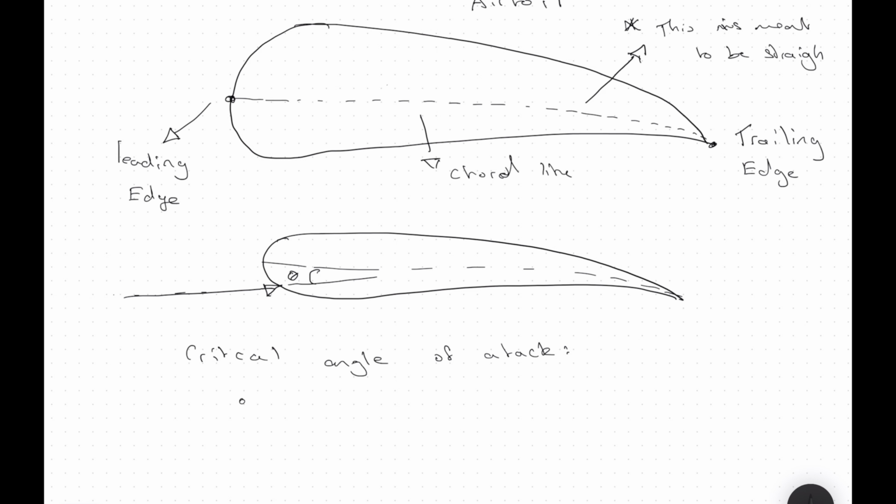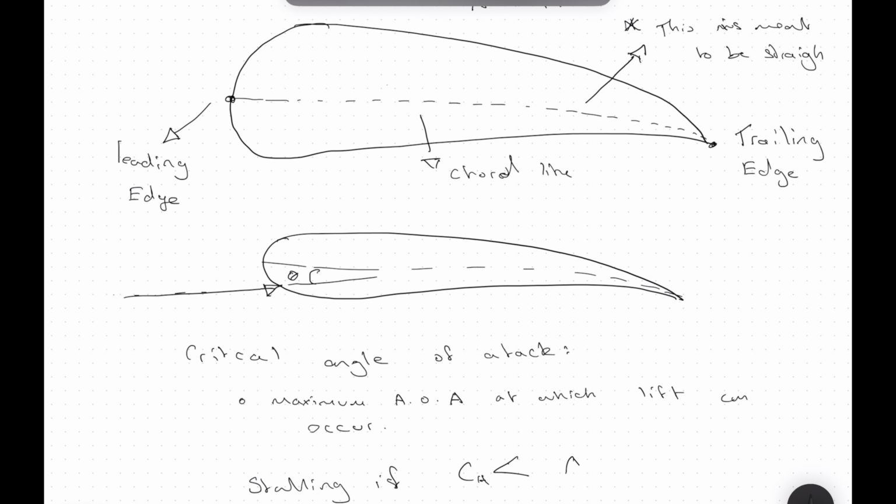The critical angle of attack is the maximum angle of attack, AOA, at which lift can occur. Anything past the critical angle of attack, the plane will end up stalling. So if our angle of attack is greater, the plane will end up stalling.